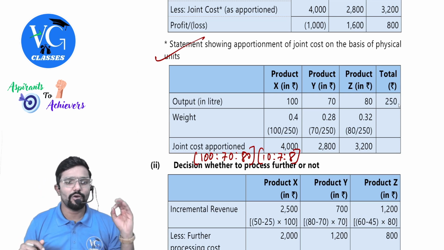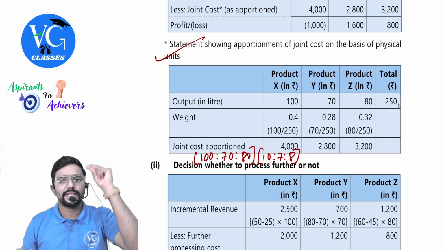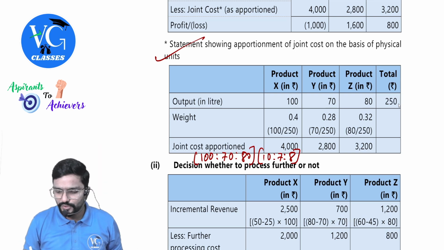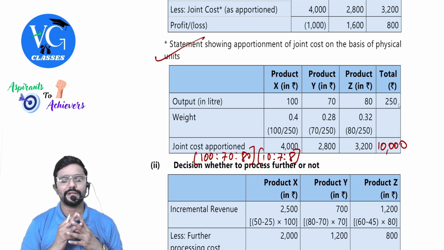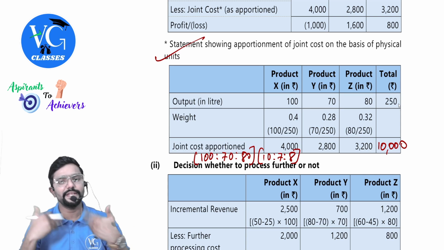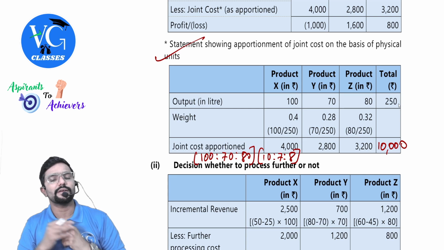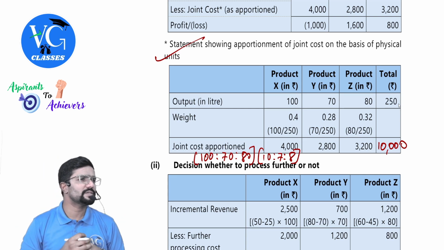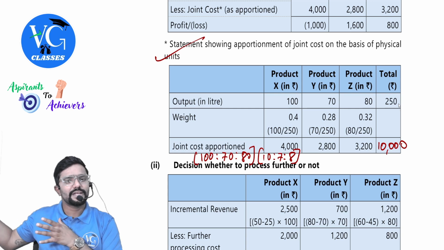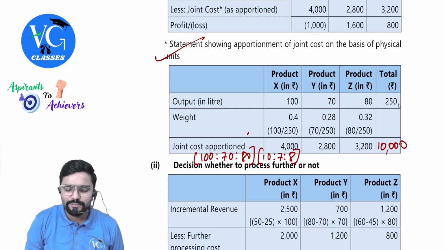Now how much to product X, guys? Total joint cost is 10,000 into 10 by 25, which is 4,000. Divided by 10 into 7, that is 2,800 for product Y. Divided by 7 into 8, that is 3,200. Sir, should I show the calculation for each of them? No, better write simply the ratio here, 10 is to 7 is to 8.